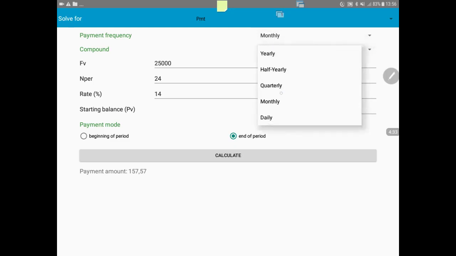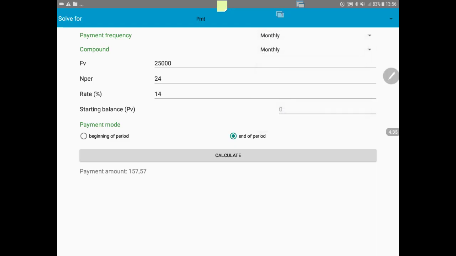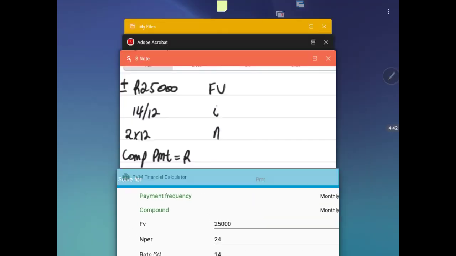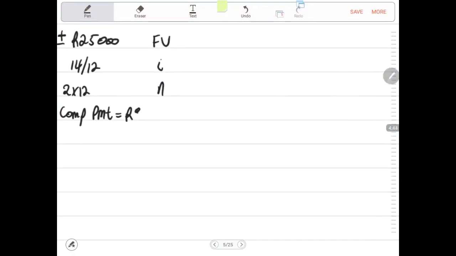Payment frequency and compounding are monthly, so we get 908 rand 66 cents as our monthly payment. So that means if we save this money every month at the 14% rate of interest compounded monthly, this is the 25,000 that we are going to have in 2 years' time.